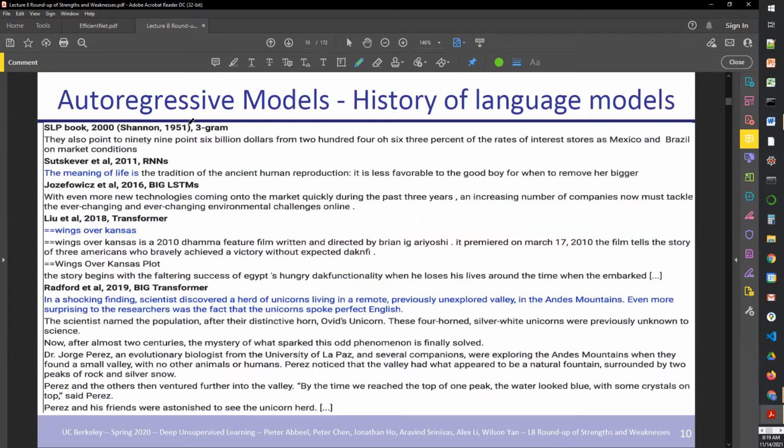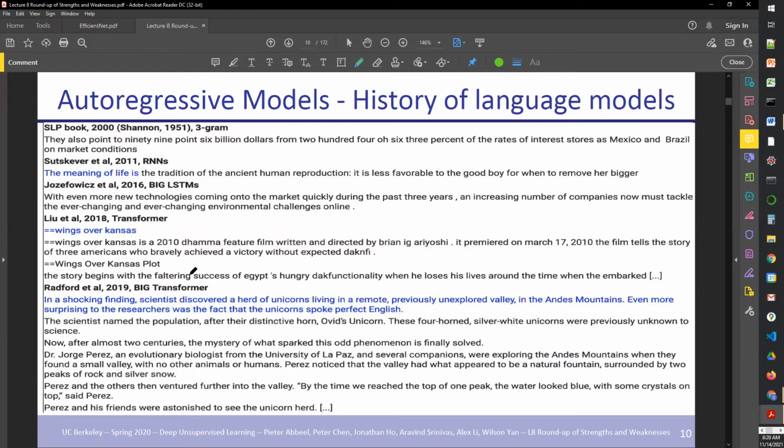N-gram models were barely able to do any predictions, and not very successfully at that. We moved on to RNNs and LSTMs, at which point we may be generating a couple of sentences or a combination of words, and then along comes the transformer, which is able to generate coherent sentences.